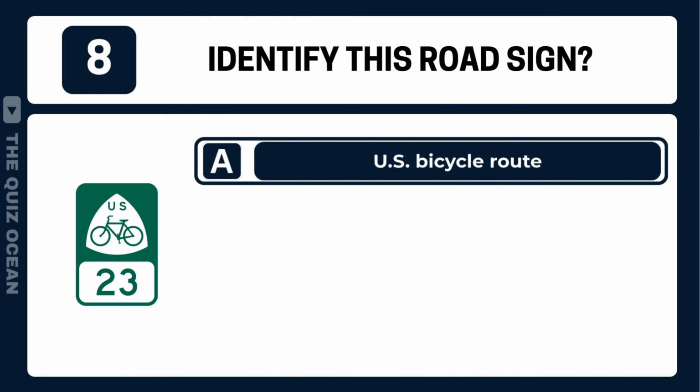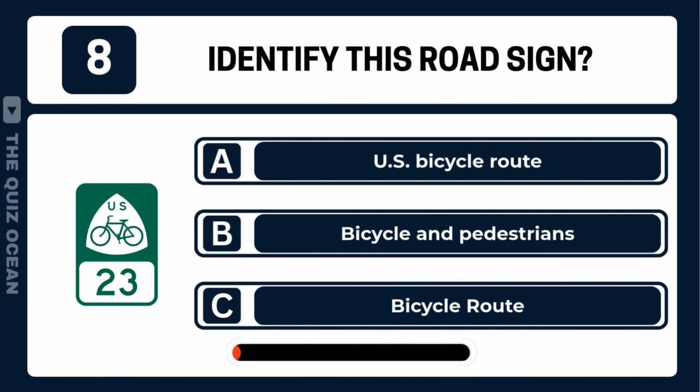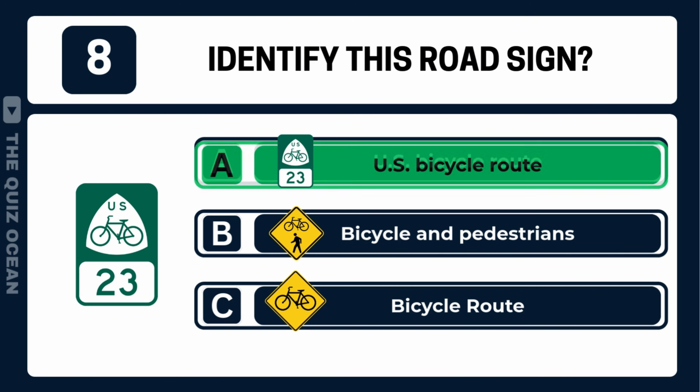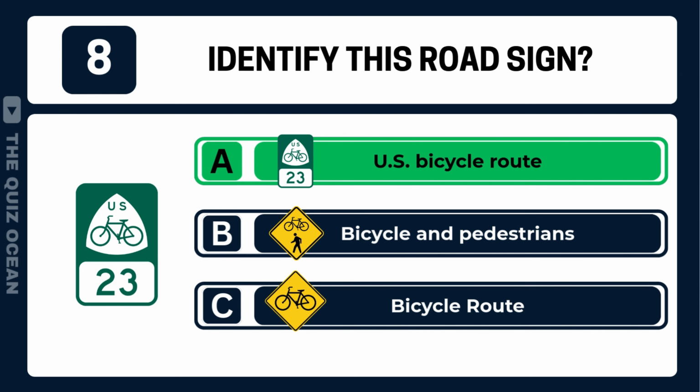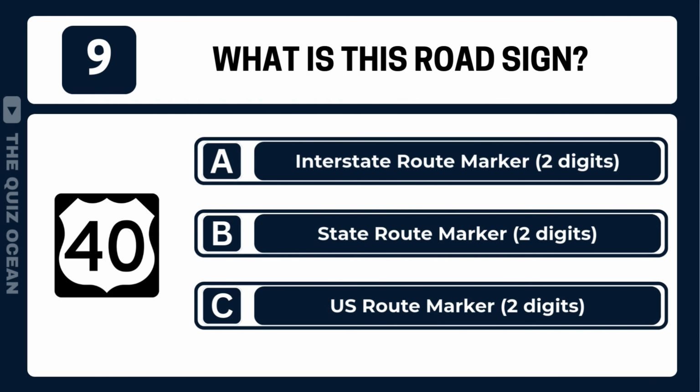Question 8. Identify this road sign. The answer is A. US bicycle route. Question 9. What is this road sign?